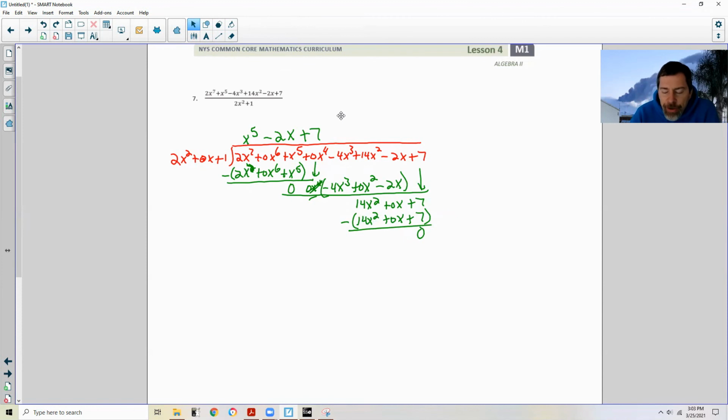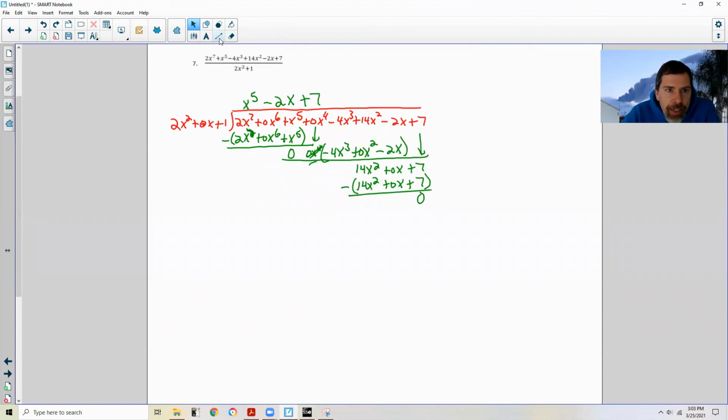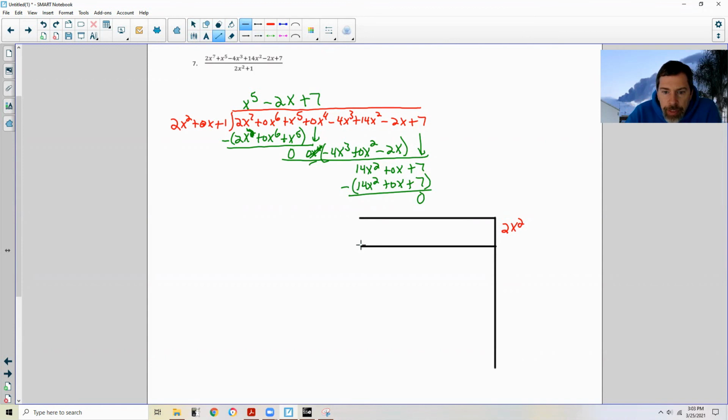Okay, so now here's where the fun comes in. Now we have to check it with a table. Let's do the right side first. It's the easiest. Okay, so here's the right side. We need a 2x squared. Okay, and then we're going to need a top to this. We're going to need to separate my first term, 2x squared.